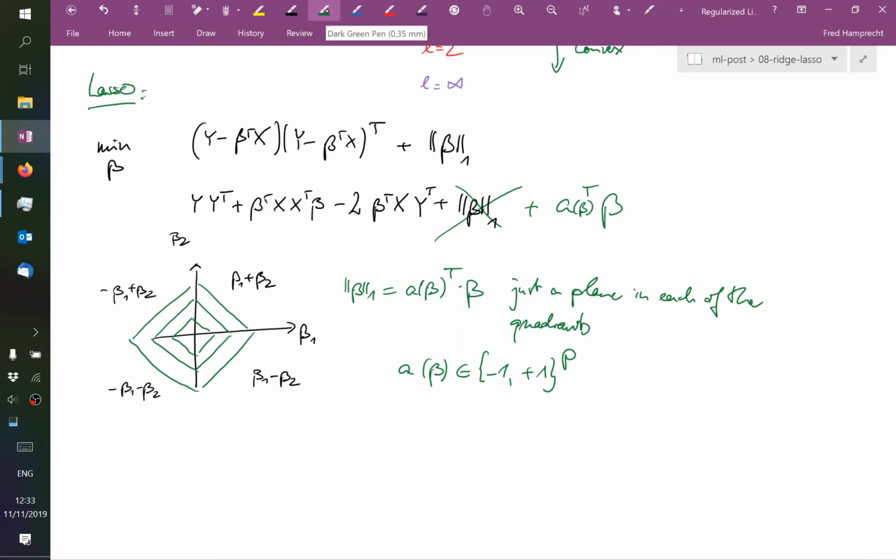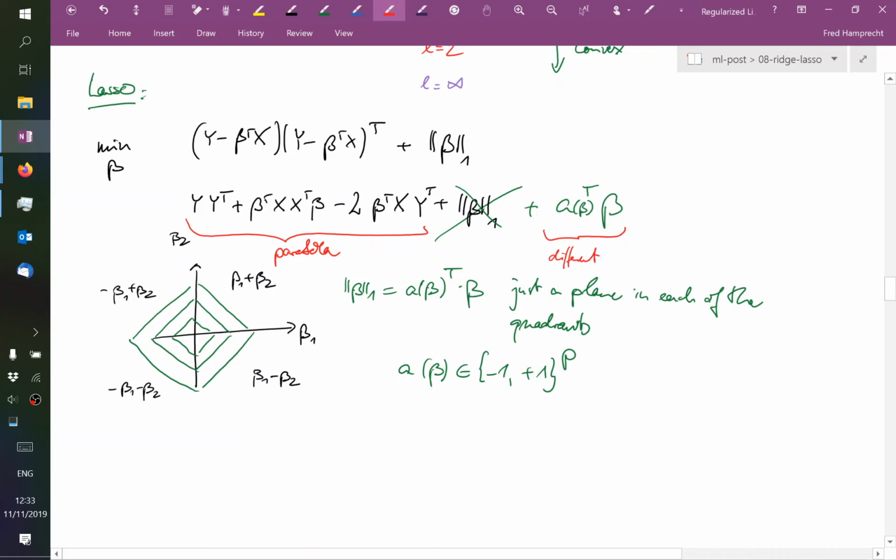The first term is a parabola, and these things here are different planes in each orthant.